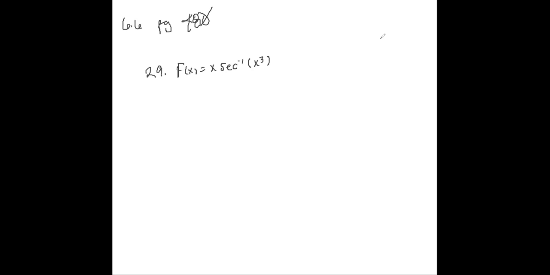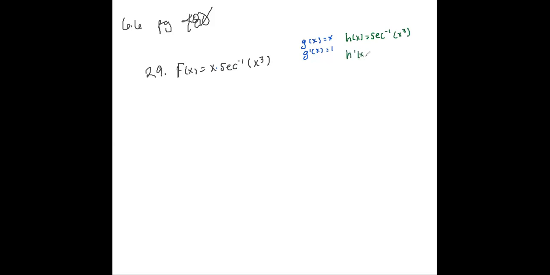I see 2. Product and chain, yep. Here we have our product. I'll call this g of x is equal to x. We know what g prime is. And then we have h of x, which is equal to the inverse secant of x cubed.